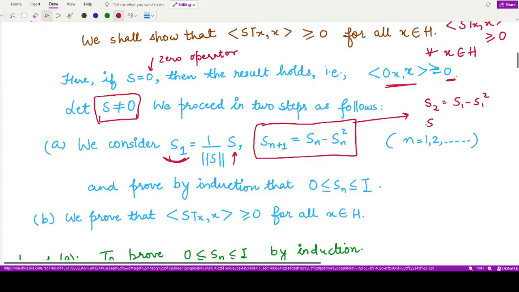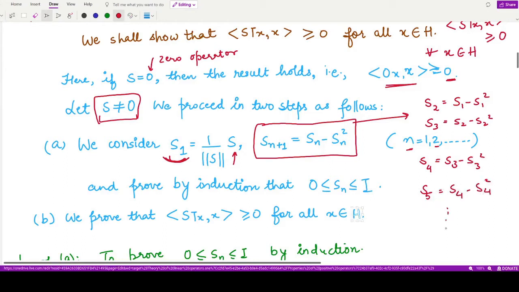What would be S3 when you substitute n equal to 2 in this expression? It would be S3, that is 2 plus 1, equal to S2 minus S2 square. Similarly, when you substitute n equal to 3 here, you would have S4, that is S3 minus S3 square. And similarly, S5 would be S4 minus S4 square.